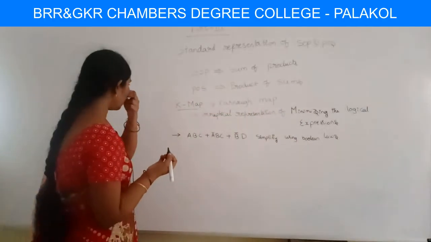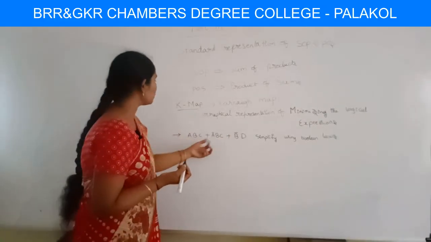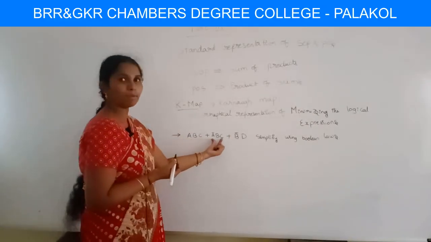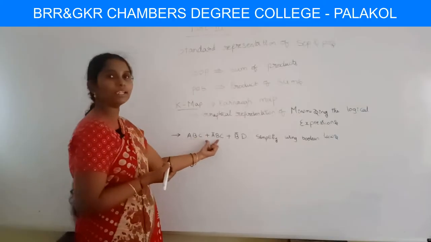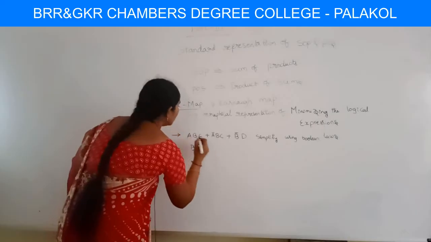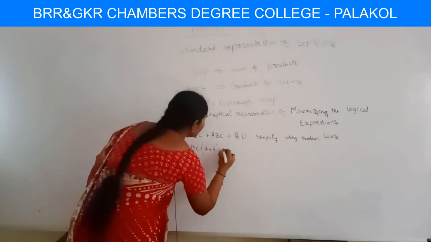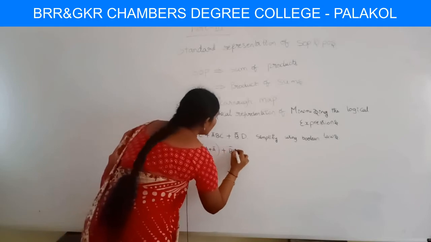Okay, so how to simplify this expression? In ABC and A bar BC, you have to take the BC term common. So that is BC times (A plus A bar) plus B bar D.